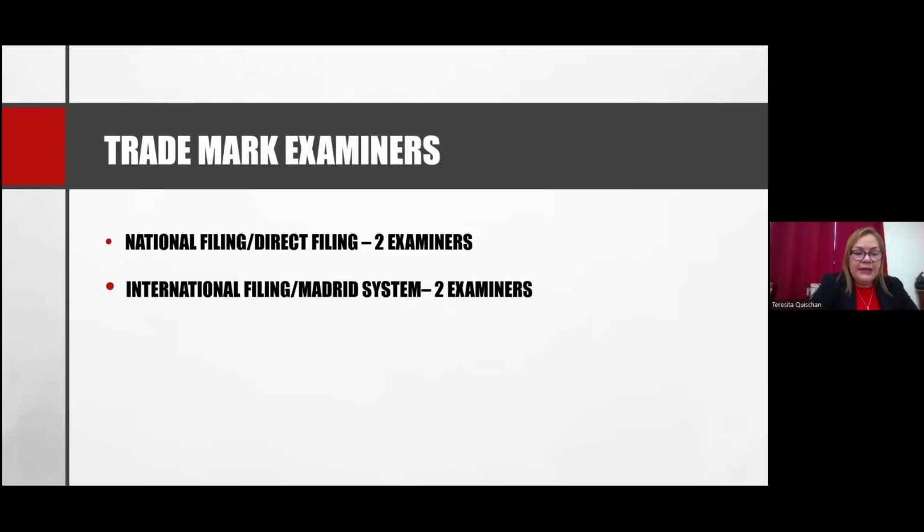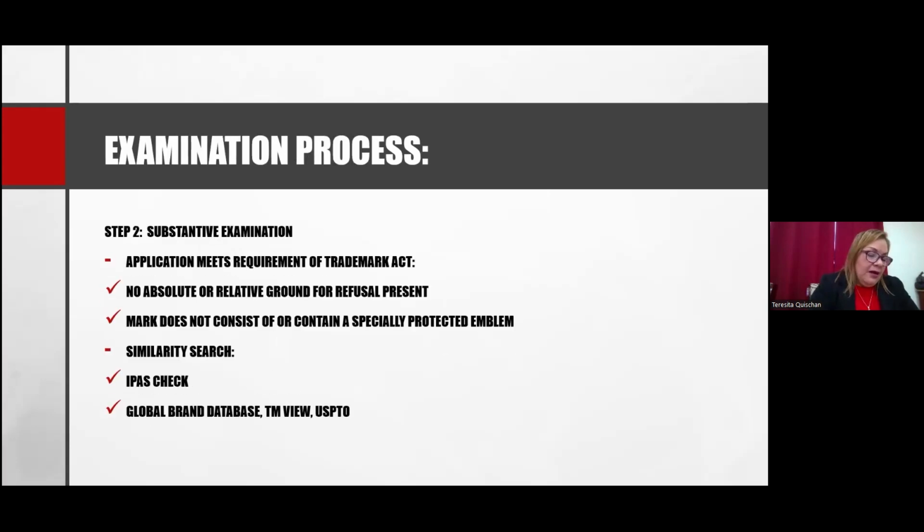At present, there are two examiners assigned to the national filing and two examiners assigned to the international Madrid filing. So based on the statistics I've provided earlier, with only two national examiners responsible for formality examination, substantive examination, office actions, and related procedural steps, the workload per examiner is a bit high.